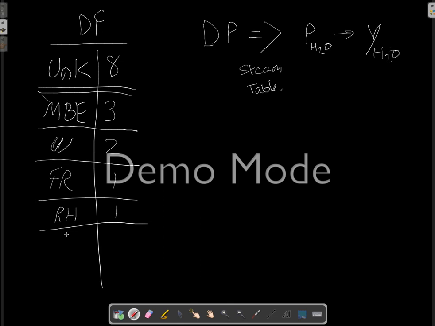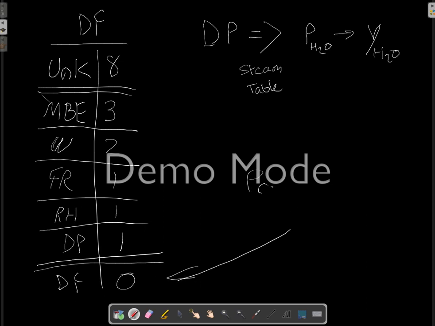So we can go ahead and count in dew point there. So, if I'm not mistaken, I believe that is all we should need. Counting all these, we got 5, 6, 7, 8. So our degree of freedom is 0, so it is properly specified.